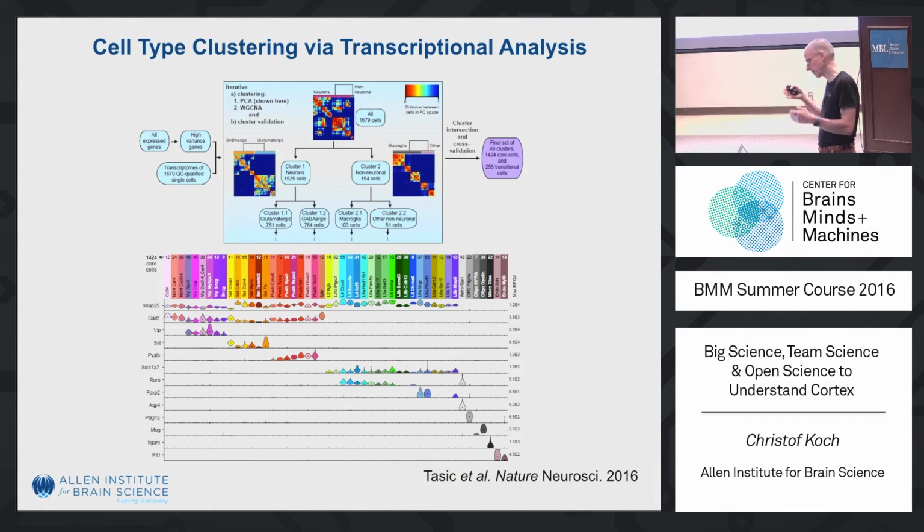In some cases, in fact, we followed up with morphology to assure ourselves that those are indeed different types of cell that project to different targets, which we do by retro injection and then recovering the cell. And we're now doing this at a much deeper level. We're using more cells, and we're doing this now across other cortical areas in the mouse to try to understand how cell types change.